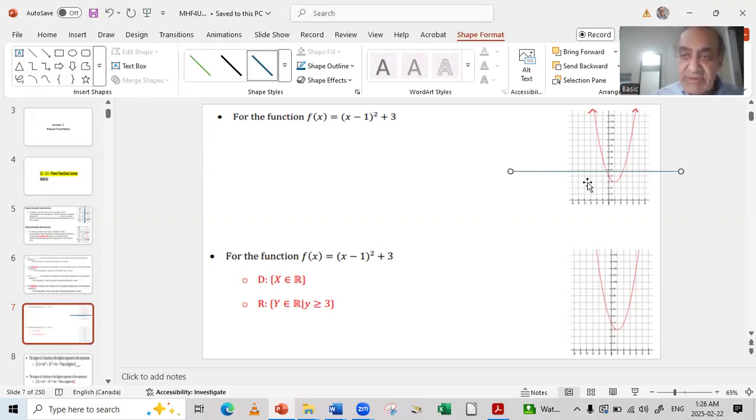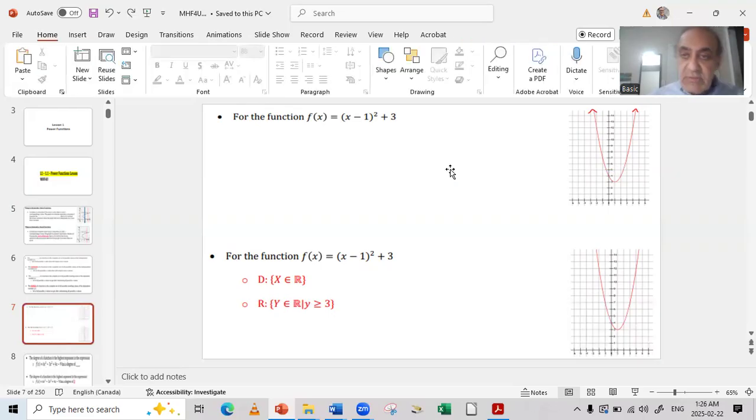No problem about this. Now we'll check the y. So here I can say x belongs to all the real numbers, and I can also say minus infinity to positive infinity as well.